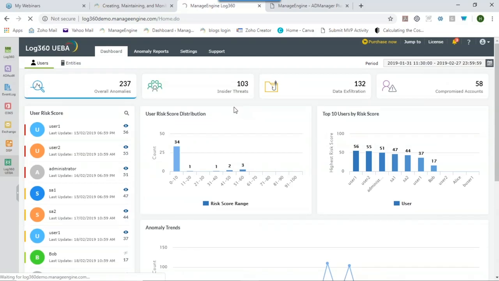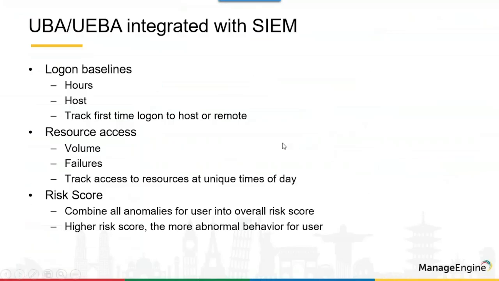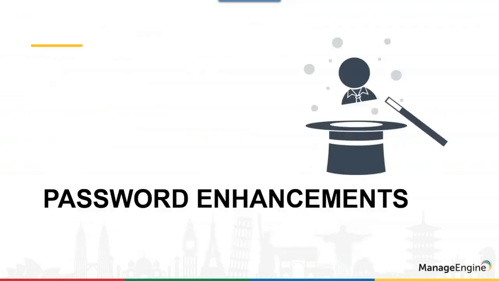I guarantee you this is the newest emerging technology in 2019, and it is going to change the way we administer Active Directory. So UBA inside of AD Audit Plus, user and entity behavior analytics inside of Log360, revolutionary technology that is going to give us insight into insider attacks that we've never seen before. Really cool stuff, okay?